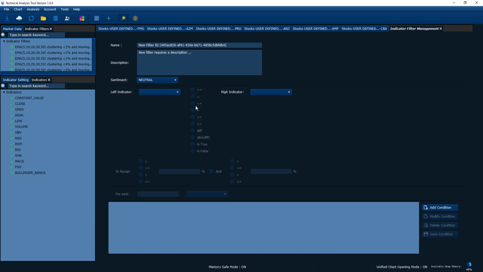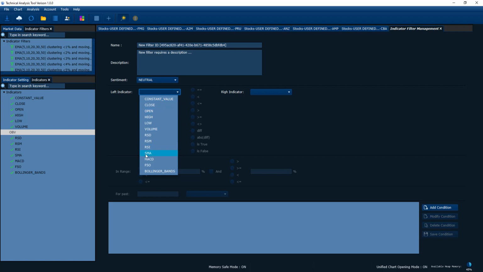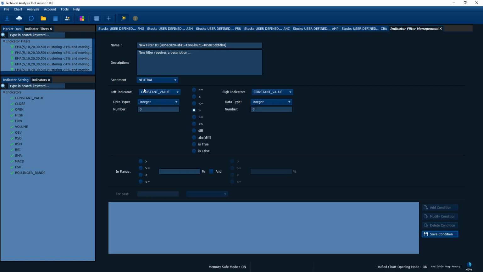Obviously, it can also be used for trading indicator filter creation. As you can see, the OBV is ticked. If you untick that, it will exclude it, because I selected all of them. So you can create an on-balance volume related indicator filter.